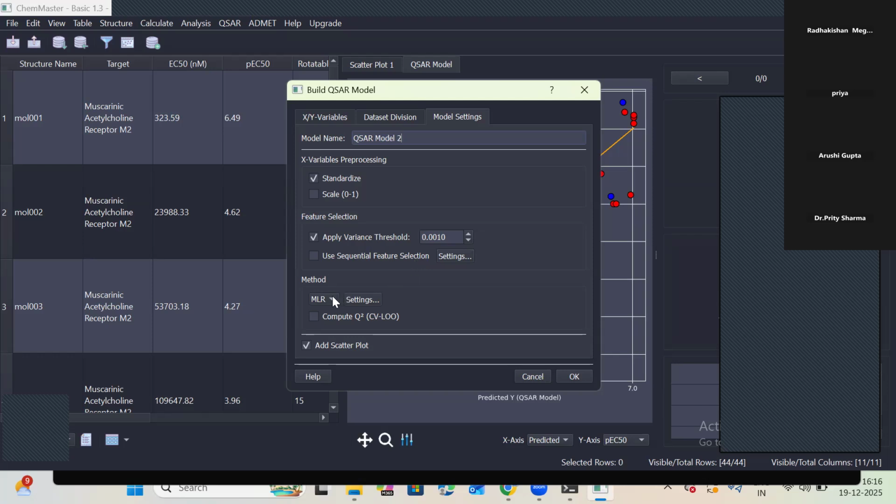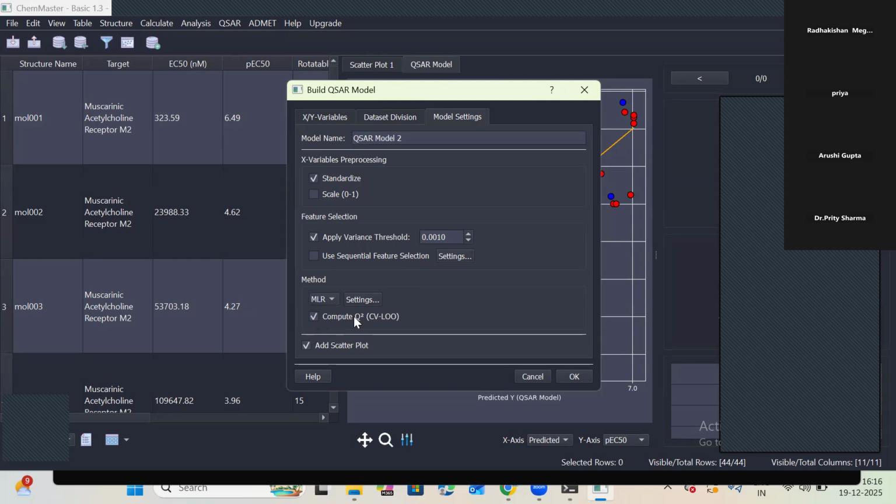And here the method is the machine learning method used by ChemMaster to analyze the QSAR model. Several machine learning methods are available. Now we are going to use MLR. MLR means multiple linear regression. This is a very simple and popular method to calculate and predict the model. So we click MLR.